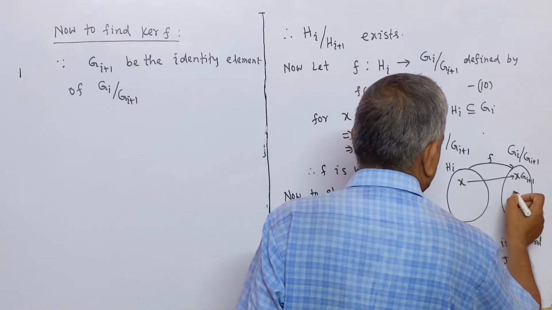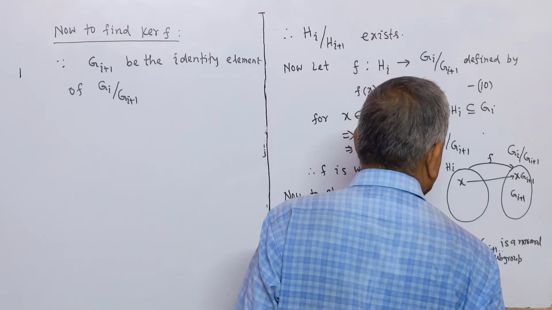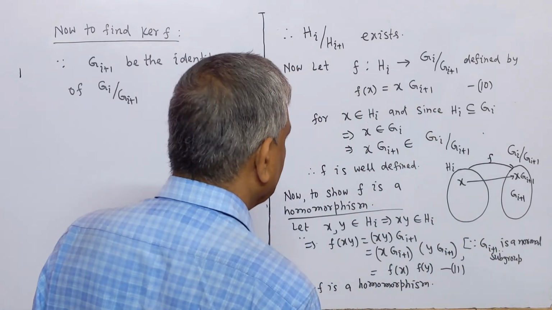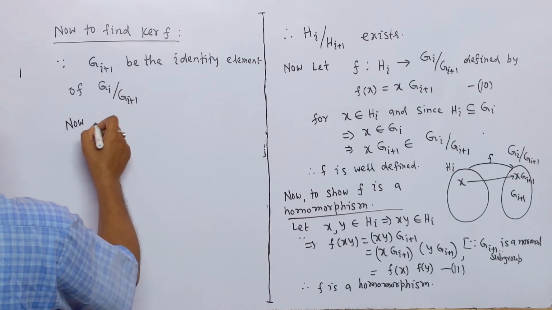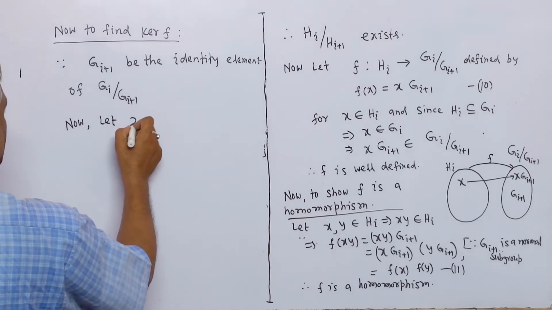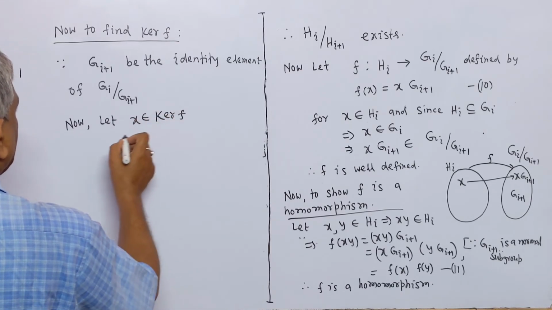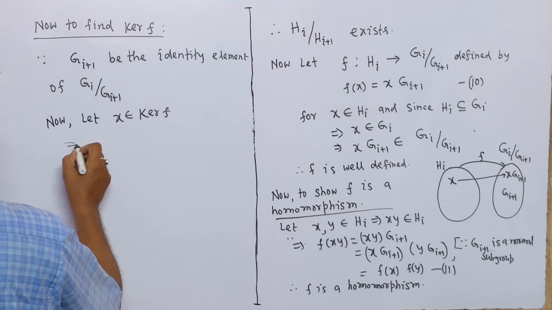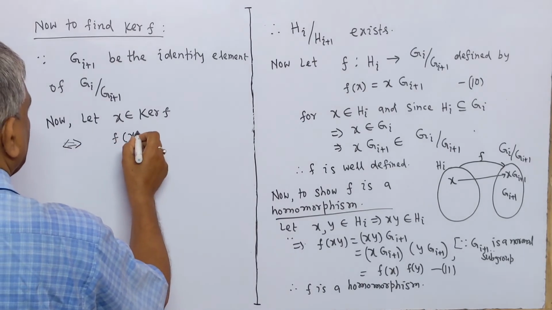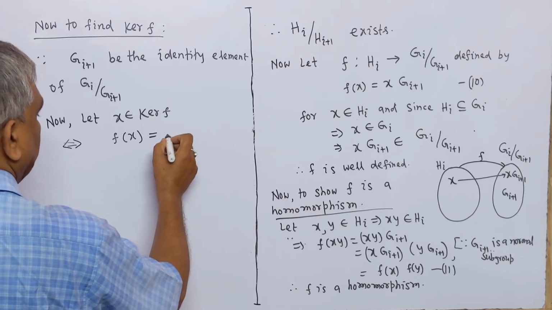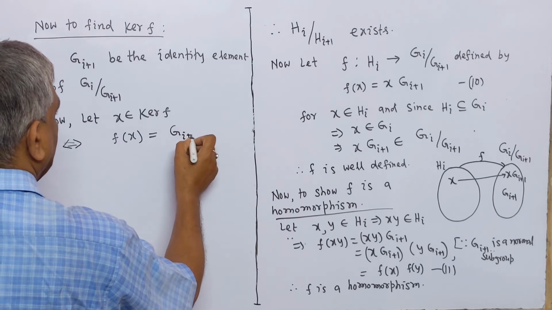Here Gi plus 1 is the identity element. Now let x belong to the kernel of F, if and only if F of x equals the identity element Gi plus 1.